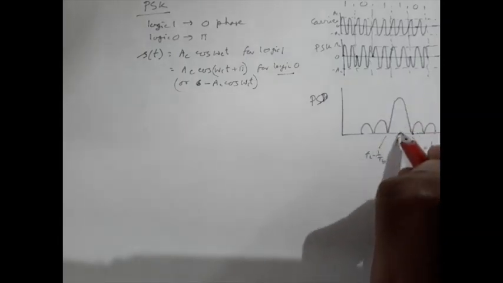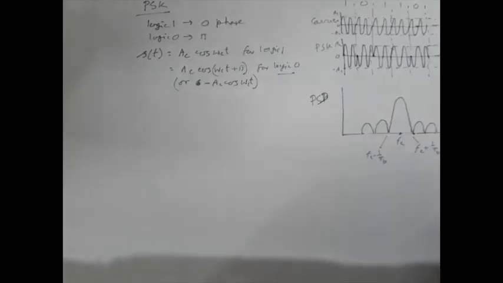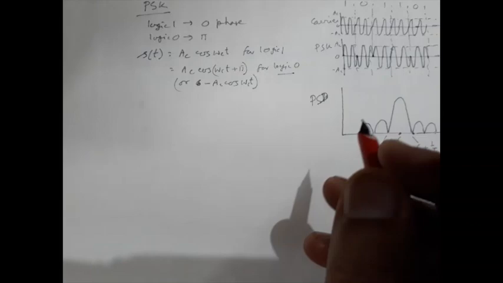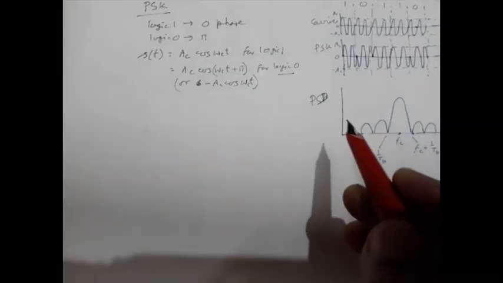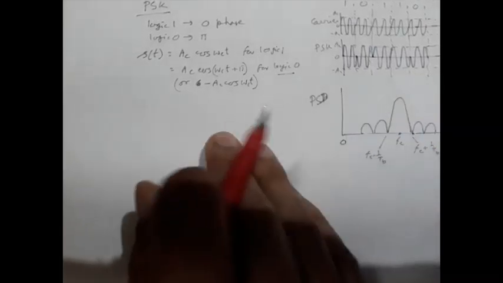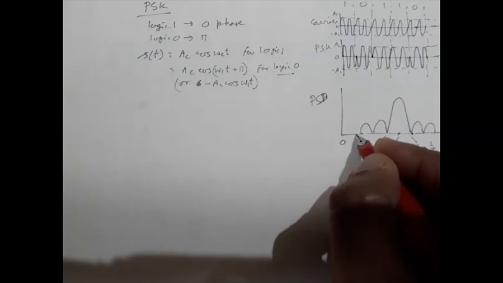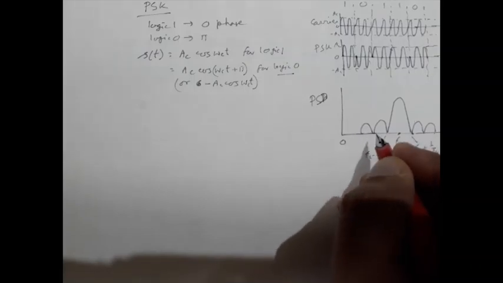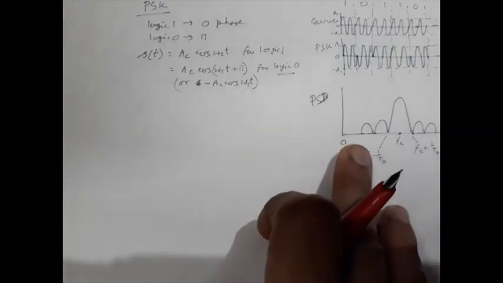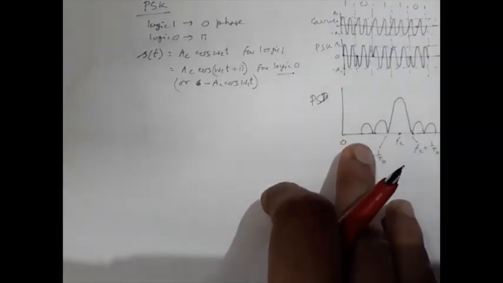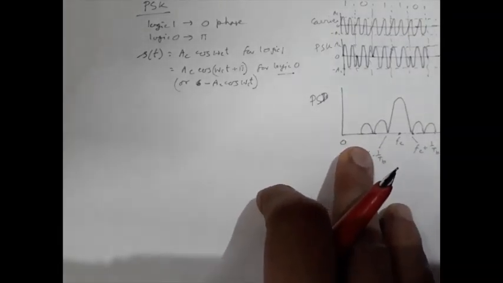But there is no spike here. That's the difference between ASK and PSK. Though the power spectral density appears almost identical, this is a one-sided power spectral density. I have not drawn the other side. Despite this similarity, there is some dissimilarity as well, because the noise performance of PSK is much better compared to that of ASK.